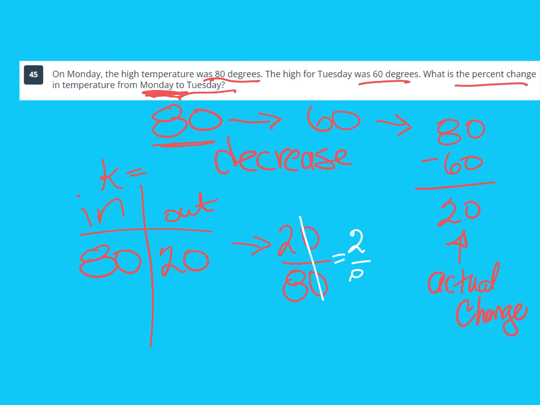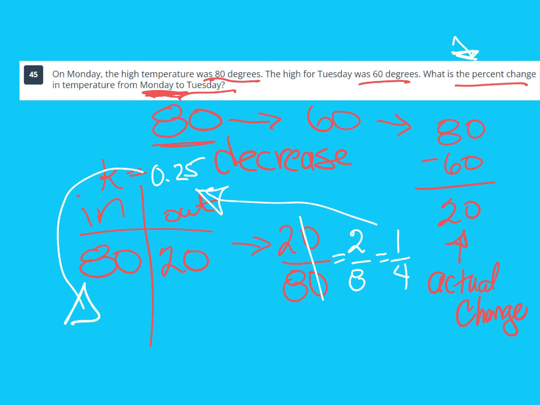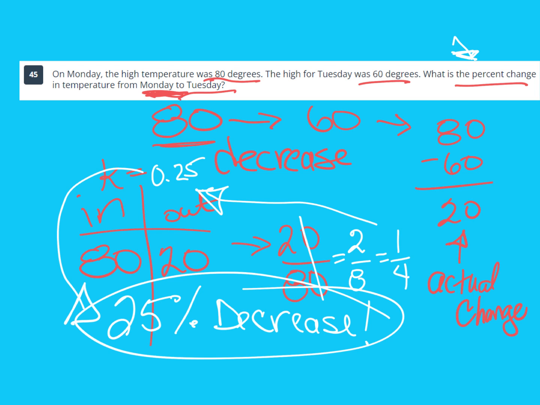You've got 2 over 8, which is equal to 1/4, which in percent, that is, well, it's 0.25. That's my decimal, but it's asking for the percent change. So that is a 25% decrease. There's your answer. And that is all we have. And that's our last part.